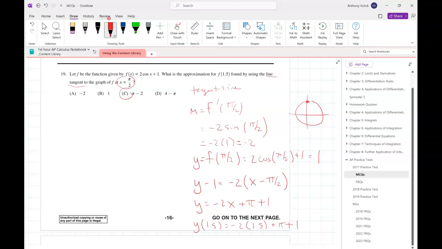Probably not going to happen. But these 45s and 90s are going to come up, particularly on these no calculator sections, because the numbers are easy to deal with. You get a lot of 1s and 0s, and that makes life a little bit easier.